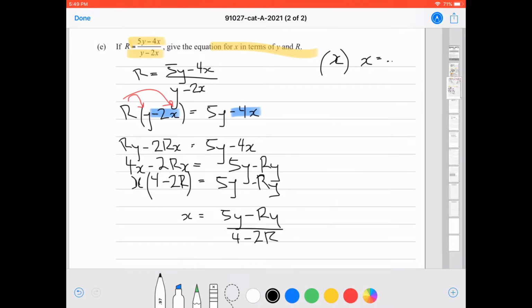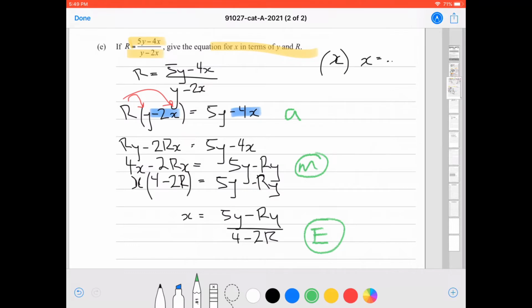And so correct rearrangement here gets you the excellence grade. Okay, your merit: you've multiplied the left-hand side by y minus 2x and left the numerator on the right-hand side, and consistently collected terms involving x and terms not involving x on different sides of the equation. So your merit is this point here, and achieved was just that first thing, multiplying the left-hand side by y minus 2x. So this step here gets you the achieved.